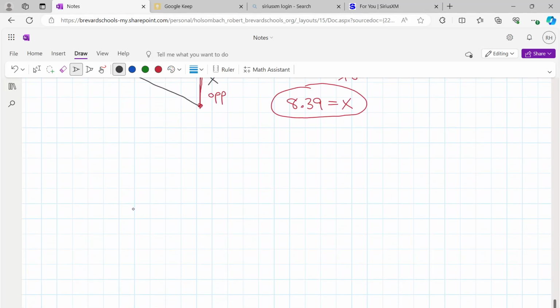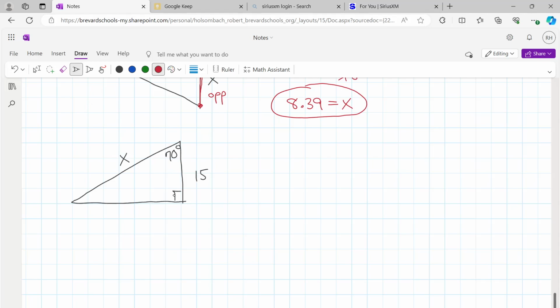All right, so let's do another one. We've got a right triangle with a 70-degree angle, a side that's 15 and a side that we're trying to find. Label the sides.